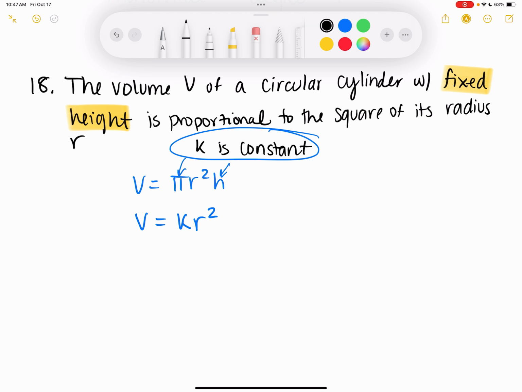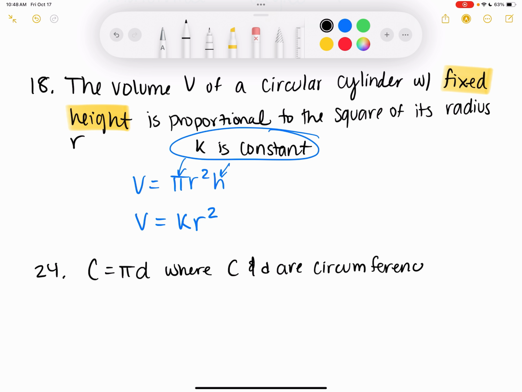24. These ones say write a sentence that expresses the relationship in the formula using the language of variation or proportion. When did math class become English class? So C equals pi d, where C and d are circumference and diameter of a circle, and pi is constant.